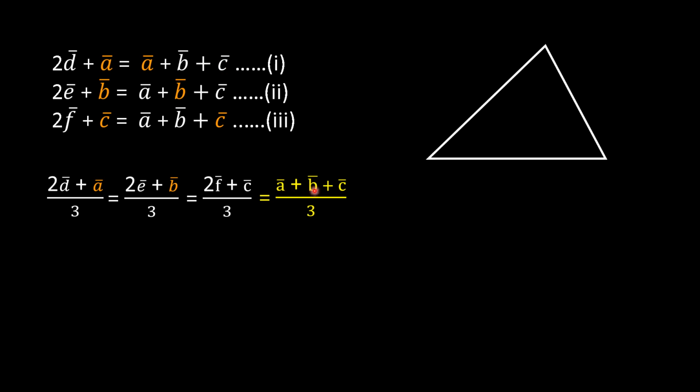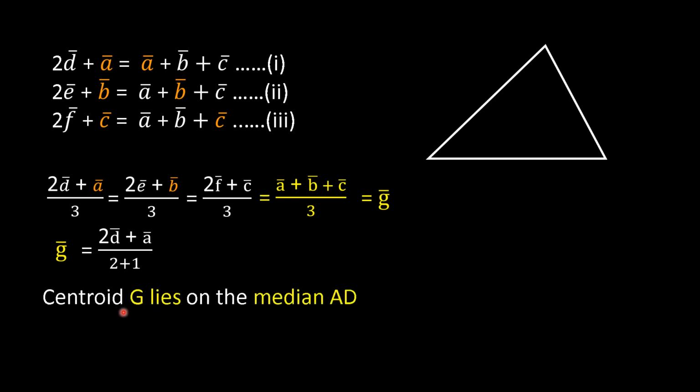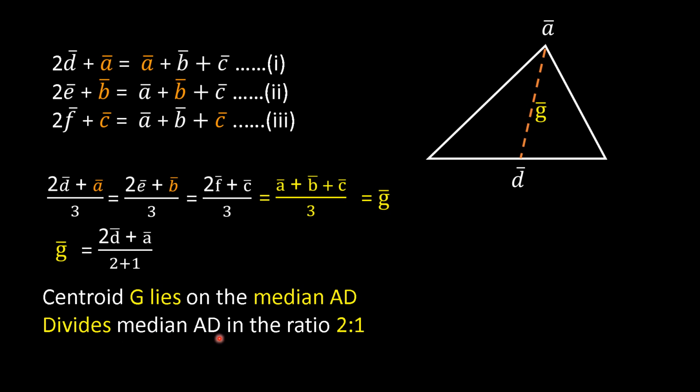But A bar plus B bar plus C bar by 3 is nothing but the position vector of the centroid G bar. Therefore, G bar equals 2D bar plus A bar upon 2 plus 1, which means centroid G lies on the median AD and G divides median AD in the ratio 2:1.